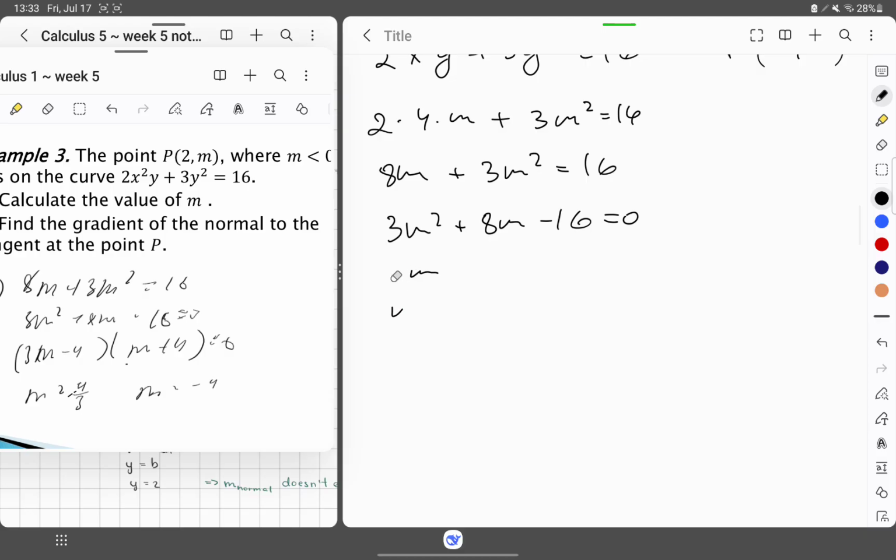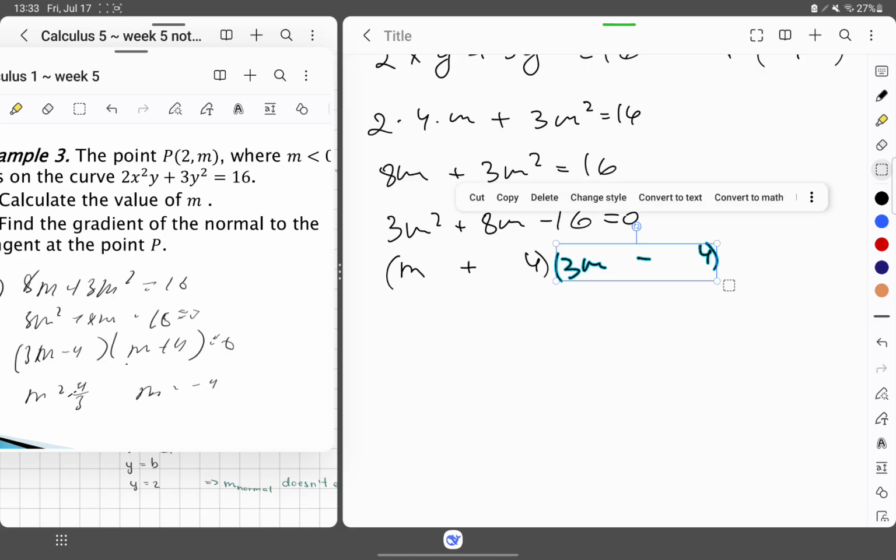Factoring: 3m, m, 4, negative 4, yes, 12 minus 8. Okay, m plus 4 times 3m minus 4. Let's do them like this.